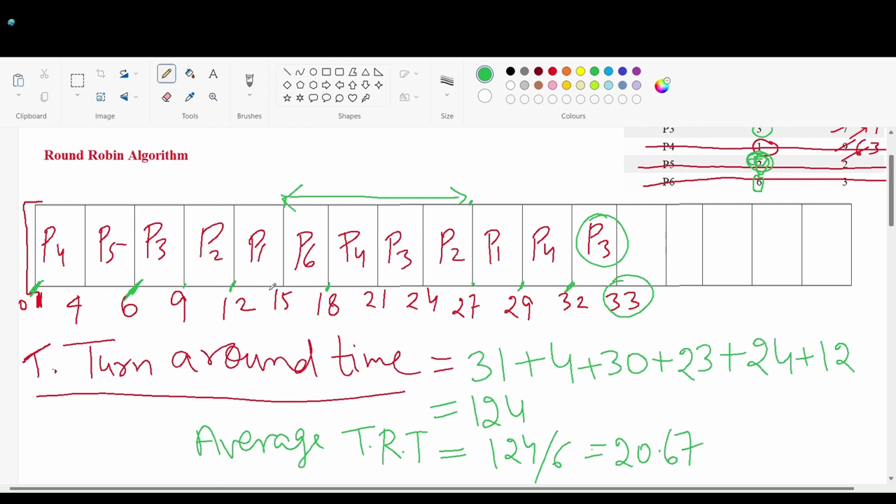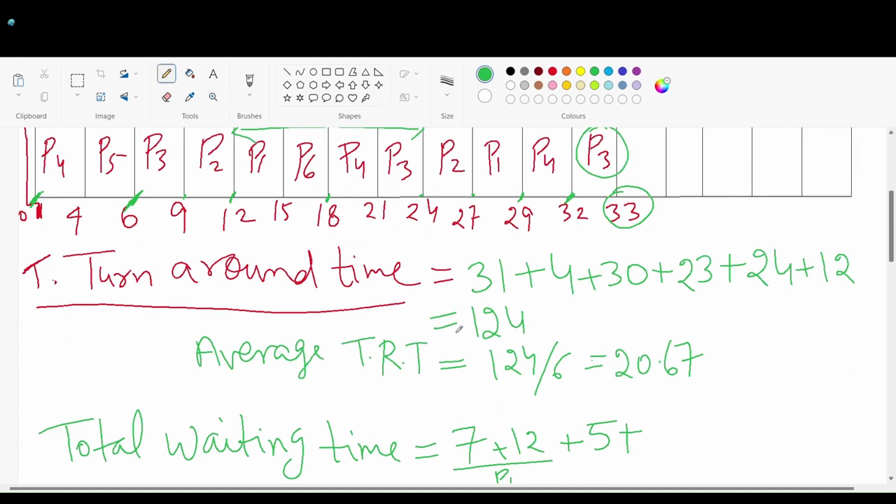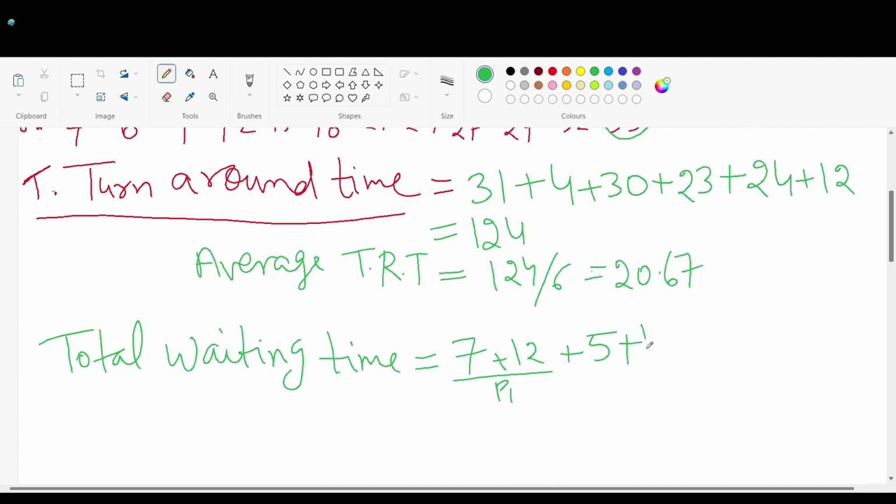So P2 will start again at 24. So 12 to 24 is also the waiting time of P2, right? So the total waiting time of P2 is 12 here. So 5 plus 12, this is the P2 waiting time.